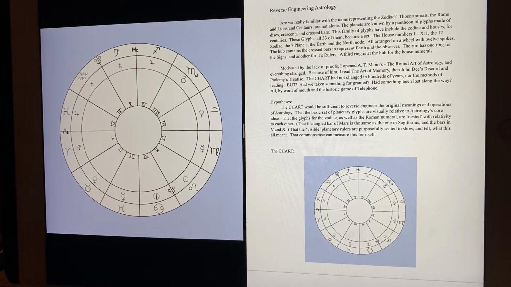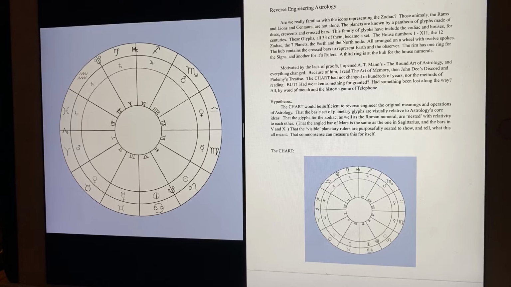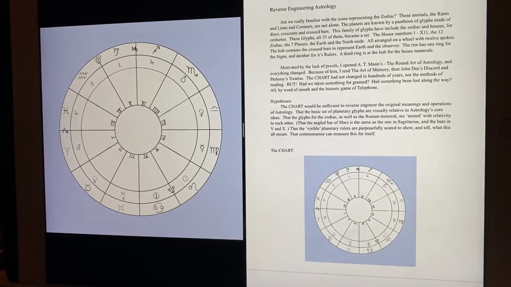These glyphs, all 33 of them, became a set: the house numbers 1 through 12, the 12 zodiac, the 7 planets, the Earth, and the North Node, all arranged on a wheel with 12 spokes. The hub contains the crossbars to represent the Earth and the observer. The rim has one ring for the signs, another for its rulers. A third ring is at the hub for the house numerals, as it's depicted right here.